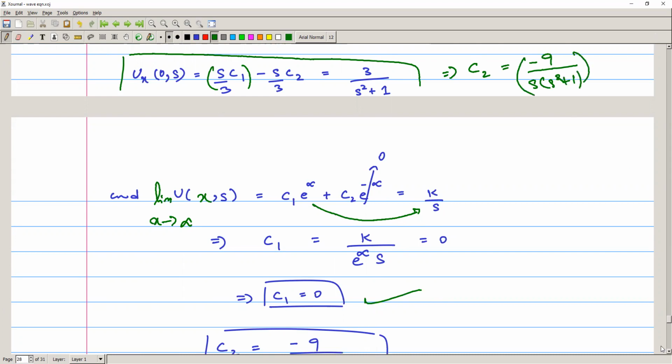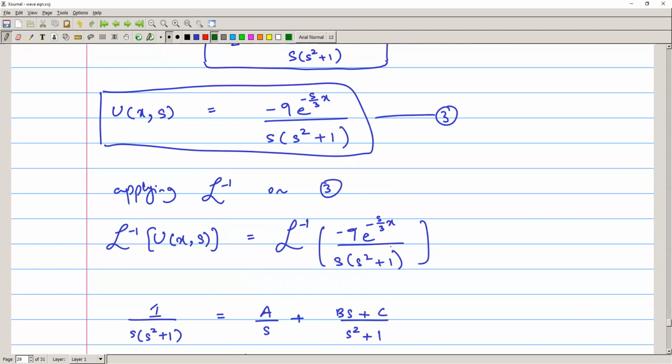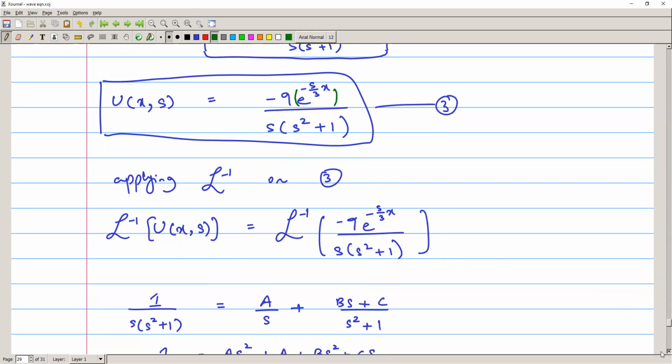So here we are going to use this negative 9 e to the power negative (s over 3) times x over s times (s squared plus 1). So this whole thing is our c2, and c2 times this function, right? So this is equation 3 now.